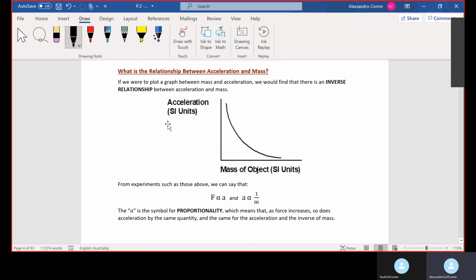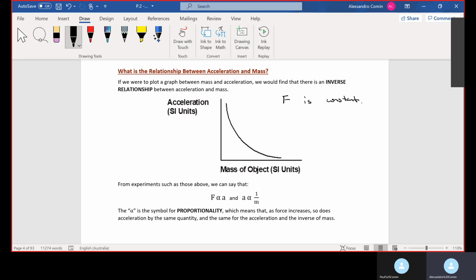In a similar fashion, we can see here that I'm changing the mass of the object and the acceleration is being measured. So we can see that F is constant. An example of this would be, say I'm flicking something. Say I flick a ping pong ball.